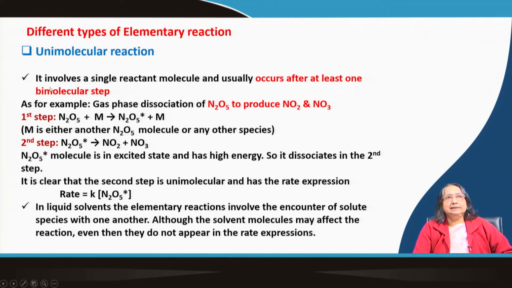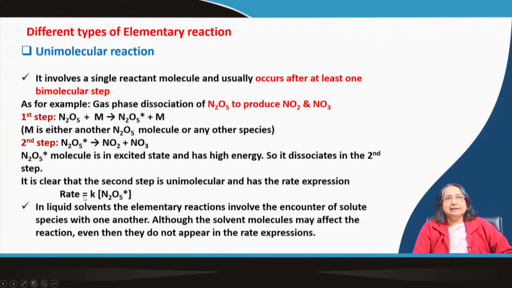That is why it is written that it involves a single reactant and usually occurs after at least one bimolecular step. This is very important, that I have explained here. Now, the N2O5 molecule is in an excited state with high energy, so it dissociates in the second step. It is clear. So, the rate is what?